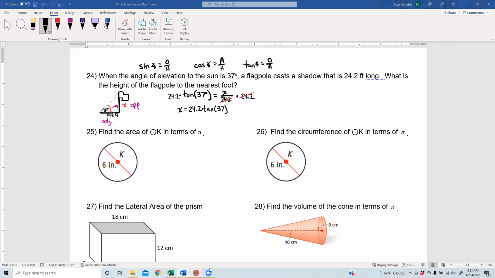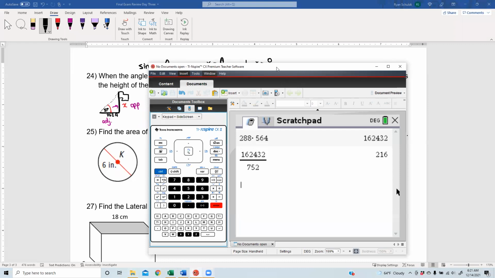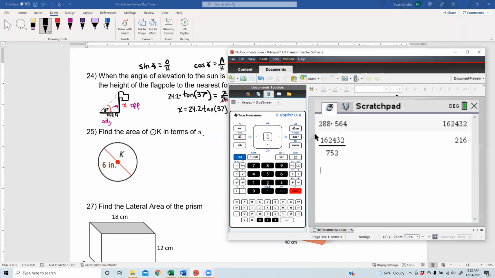Pull up your calculator and let's enter it. 24.2 times, to get tangent, you hit the trig button and click tan. And then 37. Before we hit enter, we want to make sure that we're in degree mode. So if I look on my calculator, it needs to say degrees up here.